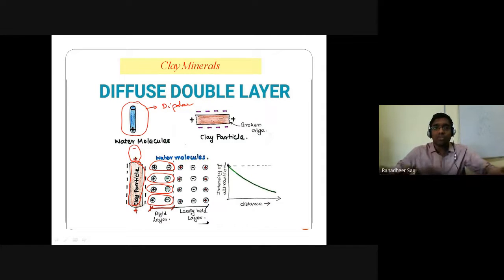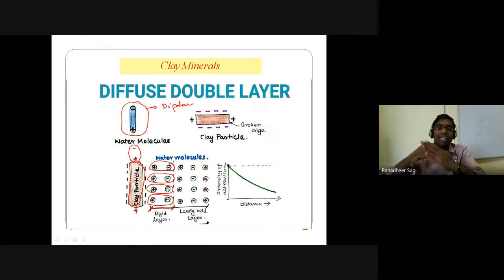That's how the water particle gets carried towards your clay particle, and in the process you are going to see more concentration of water molecules moving towards your clay particle, resulting in what is called a rigid layer formation of water on your clay particle.